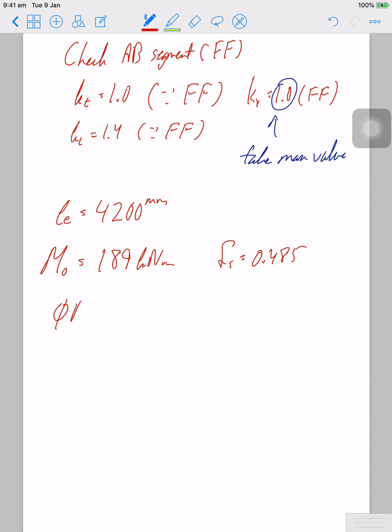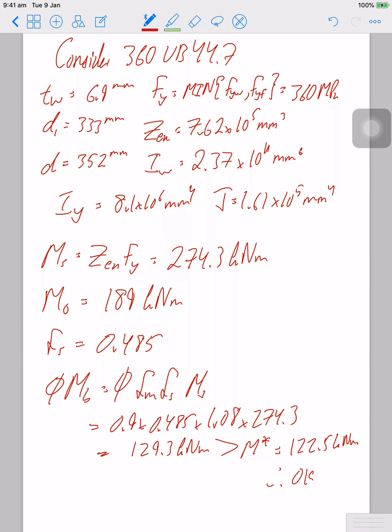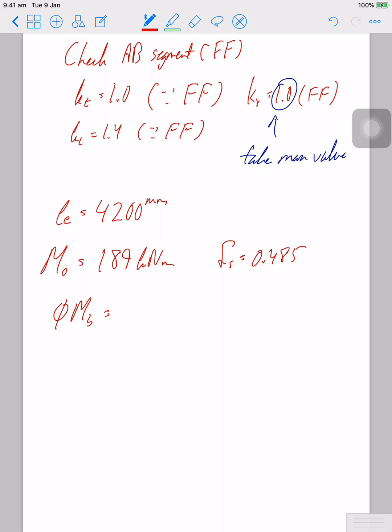So your phi M_b is going to be the same, 129.3. I am sorry, it's not going to be the same. Reason why: alpha_m is not the same. We haven't found our alpha_m for subsegment AB.